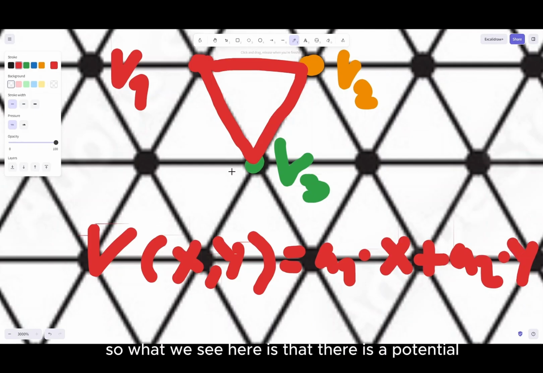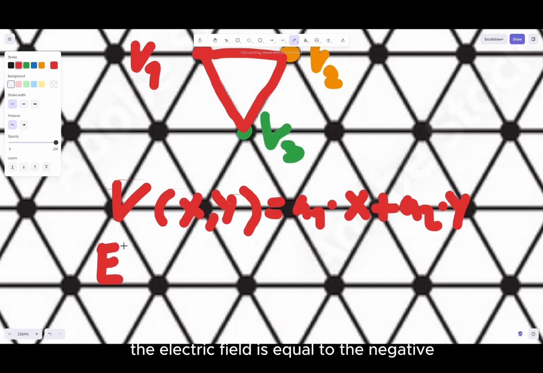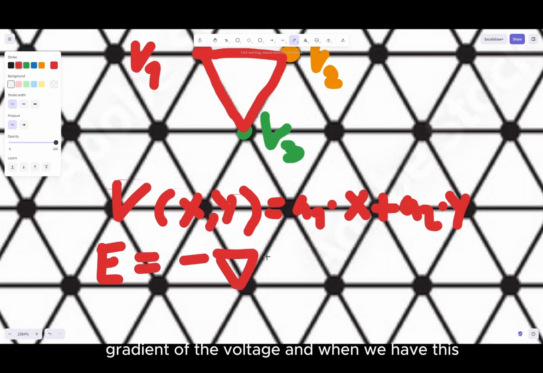So what we see here is that there is a potential inside of this triangle or along the lines of this triangle, and there's no curvature. So it's not very complicated to find the gradient of the voltage. We know, let me just zoom out a bit, we know that the electric field is equal to the negative gradient of the voltage.